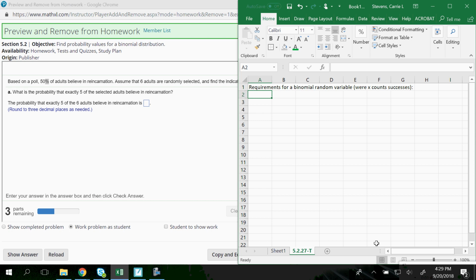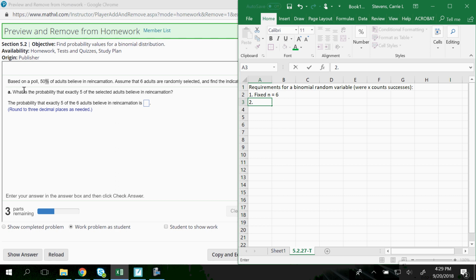Okay, so then 1. Do we have a fixed number of trials? Yeah, let's see. It says, based on a poll, 50% of adults believe in reincarnation. Assume that 6 adults are randomly selected, so that's n equals 6. 2. We need only 2 outcomes per trial.